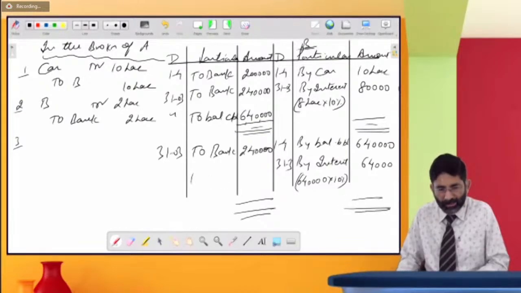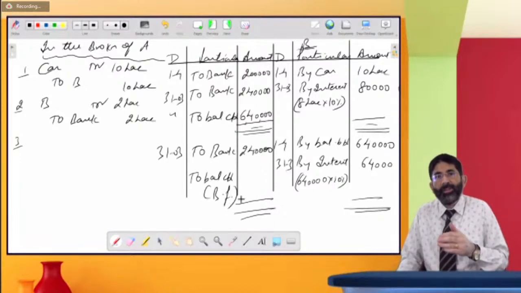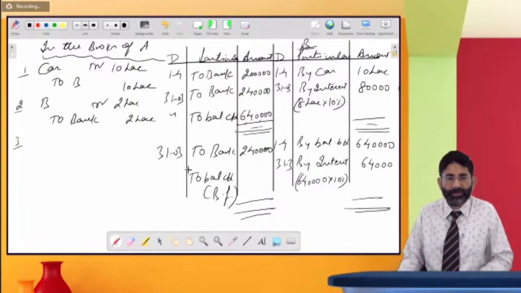Get the balance, balance carried down. It will be 7 lakh 4,000 minus 2 lakh 40,000. Okay, in this way you can easily get the interest.